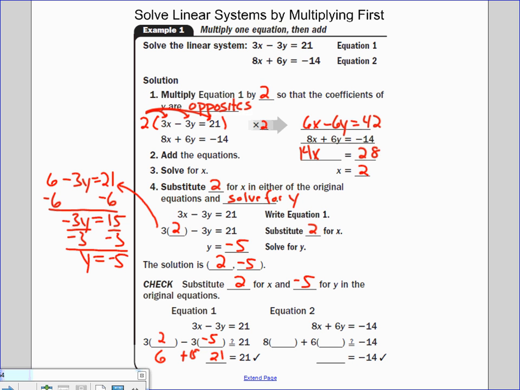In the other equation, substitute the 2 for x and put the negative 5 in for y. Multiply those out, we get 16 minus 30, which is negative 14. So negative 14 equals negative 14, it checks out.